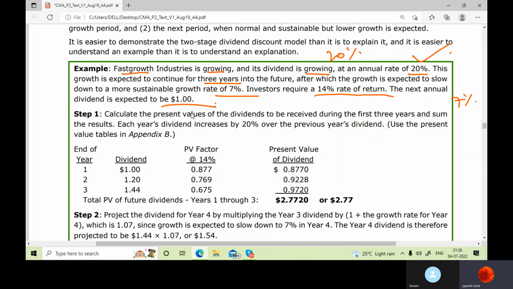Now let's understand. They're asking you to calculate. The first step is to calculate the present value of dividends to be received during the first 3 years. We take this dividend, $1, growing by 20%, so it becomes 1.20.